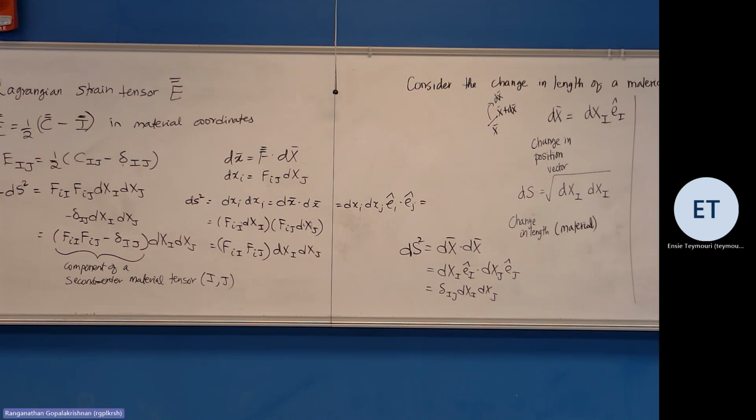That is, I know this component here, it's a mixed second order tensor in material terms. So this is going to be F_II, F_IJ, E_I E_J. But you'll notice here, this is II, this is the opposite of that.